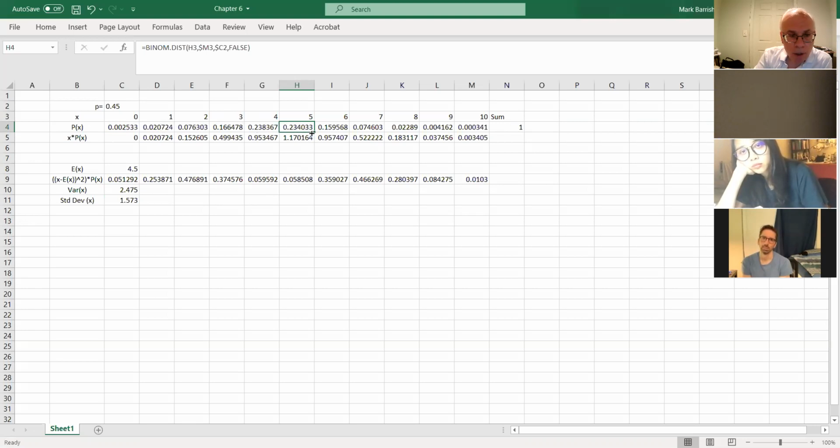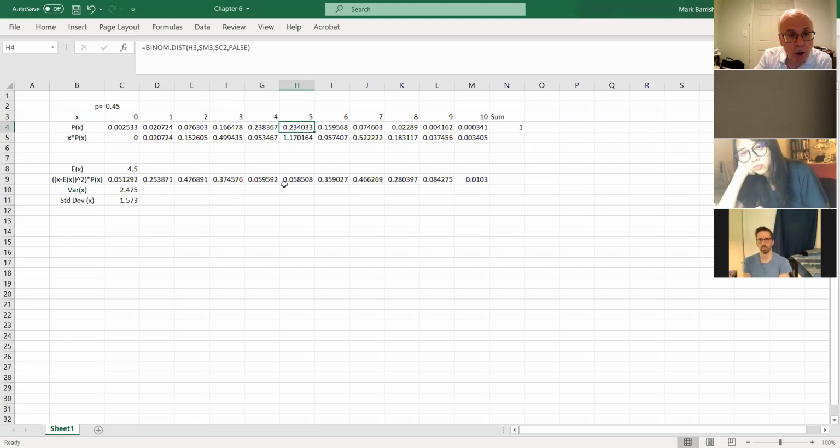Or I could do what's called a cumulative mass function, or sometimes they call it cumulative density function. Regardless, cumulative in the discrete world means the probability that x is less than or equal to some number.